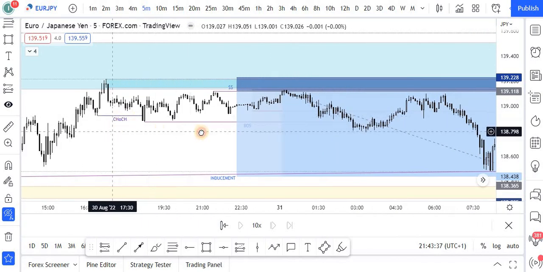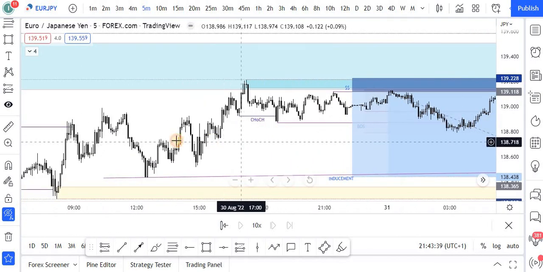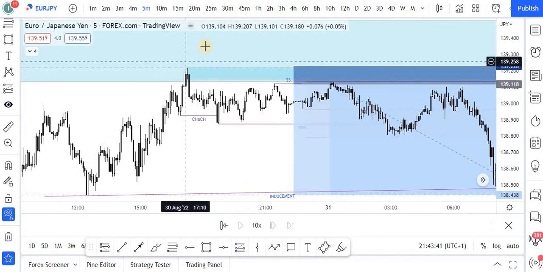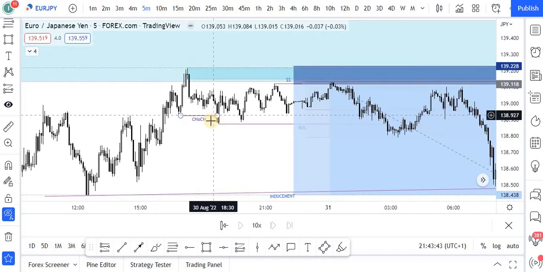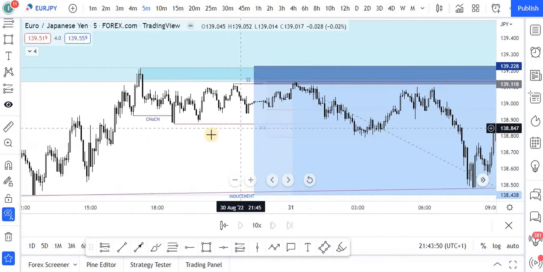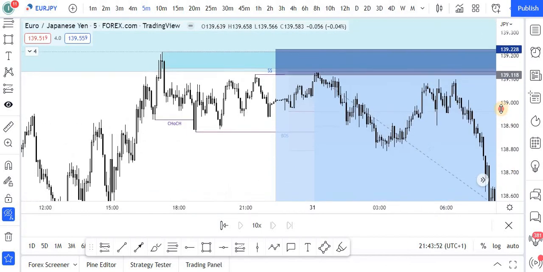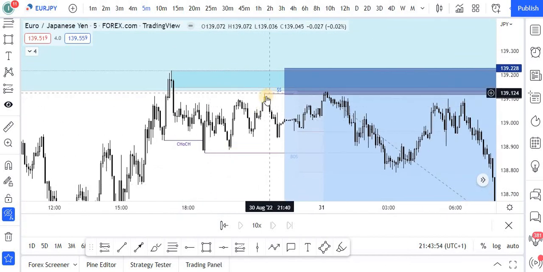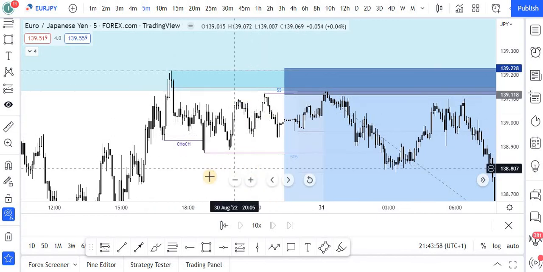You can see this very beautiful change of character after price taps into this 1 hour point of interest, breaks structure to the downside, and we can also see this very clear, very clean liquidity inducement that never got to the point of interest.